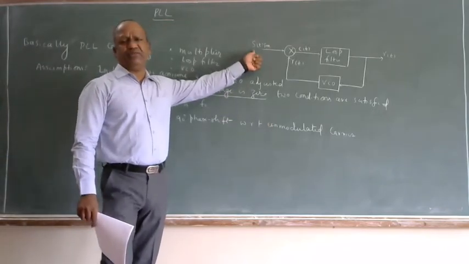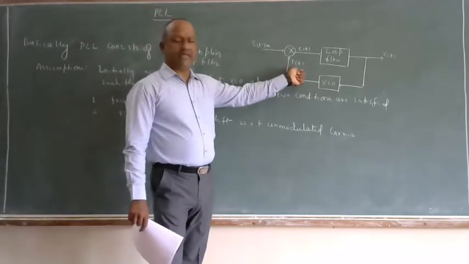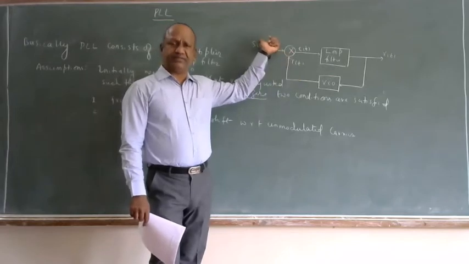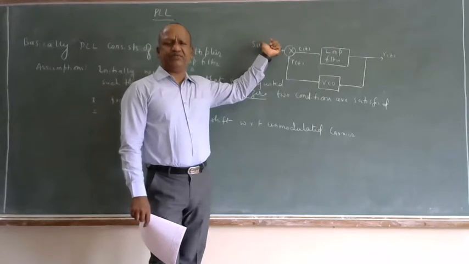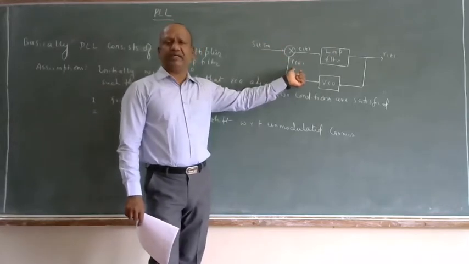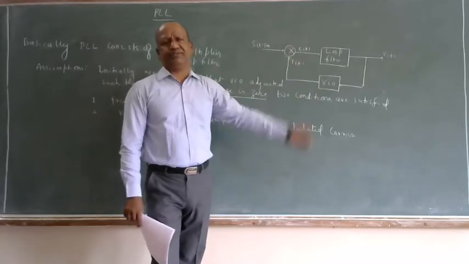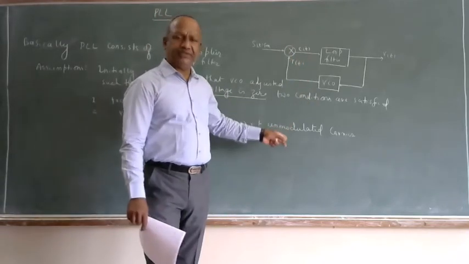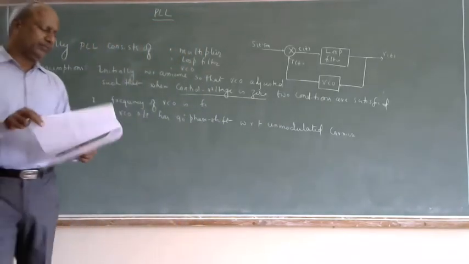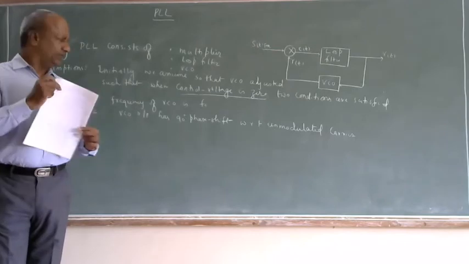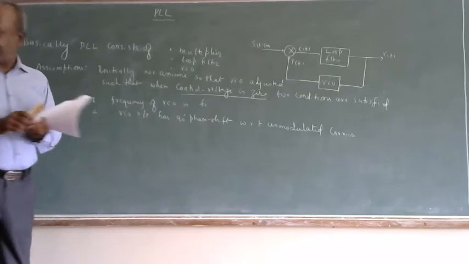So whatever S(t) you are using, r(t) has a 90-degree phase shift with respect to this. If it is cos(2πfct + 2πkf ∫m(t)dt), then it will become sin. With a 90-degree phase shift, cos becomes sin, sin becomes cos. So with these two important assumptions, now we start writing mathematical equations and we will analyze the PLL.